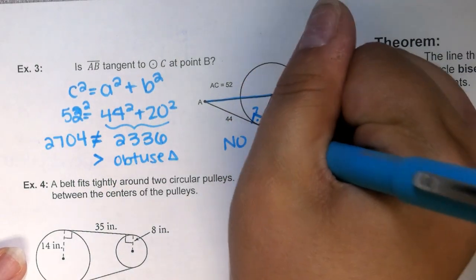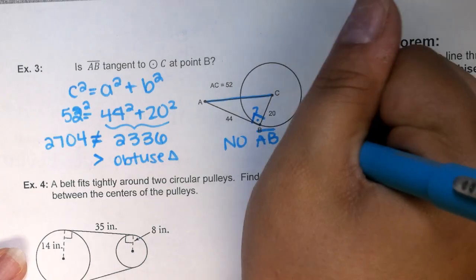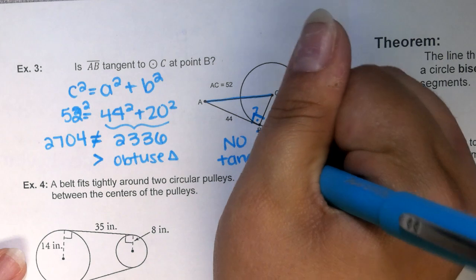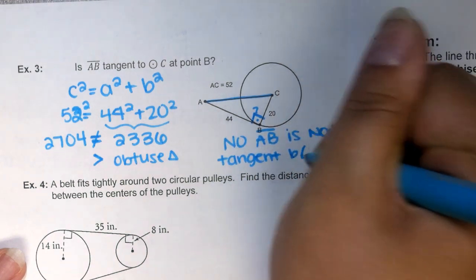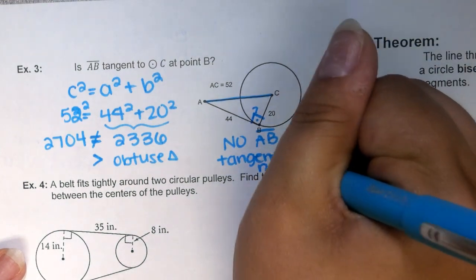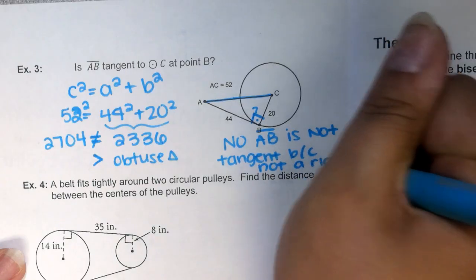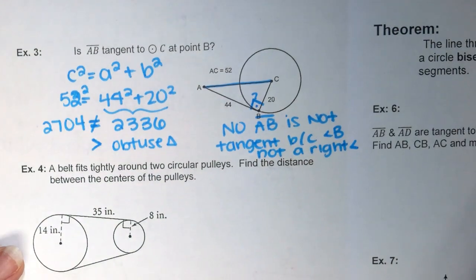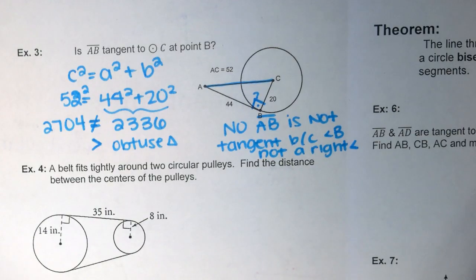No. AB is not tangent because angle B is not a right angle. Does that make sense? Do the Pythagorean theorem. If they equal, it's a right triangle, you're good.